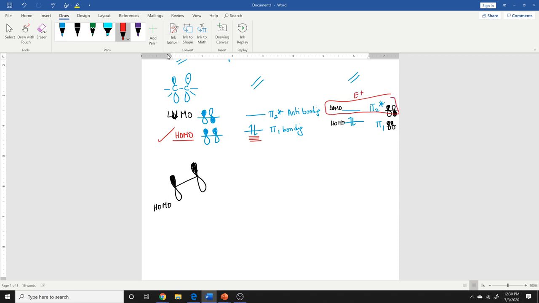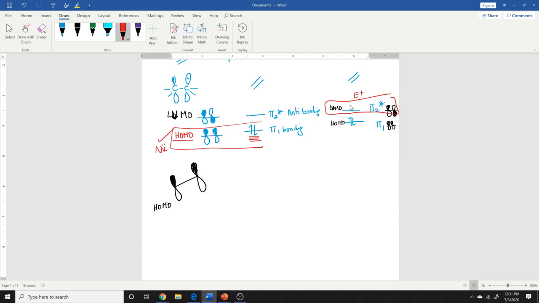My highest occupied molecular orbital is going to serve as my nucleophile. Why am I targeting the lowest unoccupied molecular orbital? Because this is an electrophile. An electrophile is not supposed to have electrons in there. They're going to accept electrons from the nucleophile. So the nucleophile should be filled with electrons and the electrophile should not, or they should have fewer electrons than the nucleophile so that they can accept more electrons from the nucleophile.